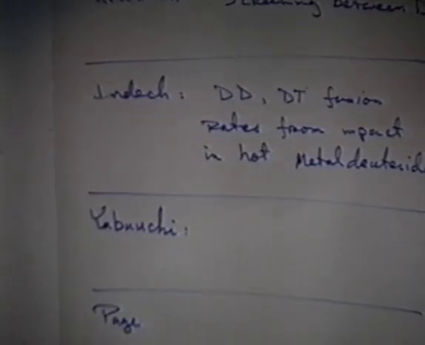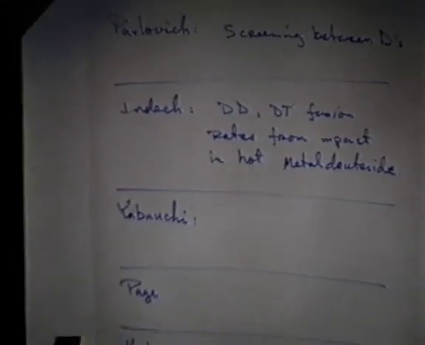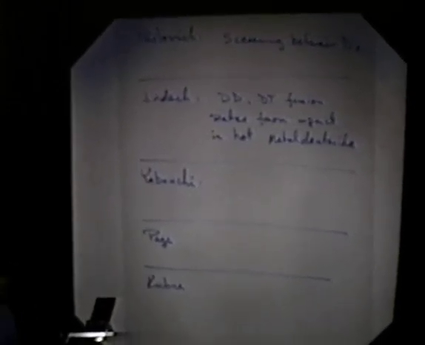And the other ones, I was running out of time and room. Page has some calculations of 2D proton conductors, which look to be relatively good, at least from the abstract, a relatively good chemical physics type model, a condensed matter chemical physics type model.